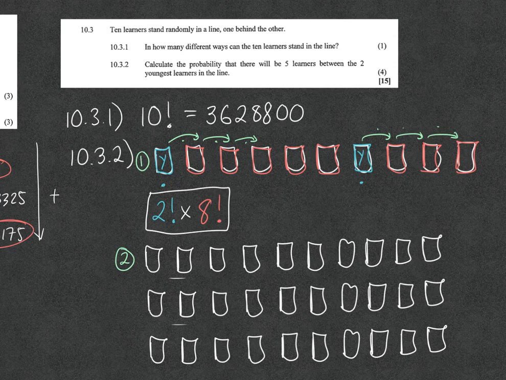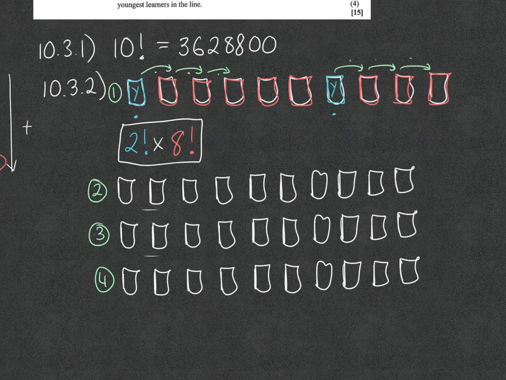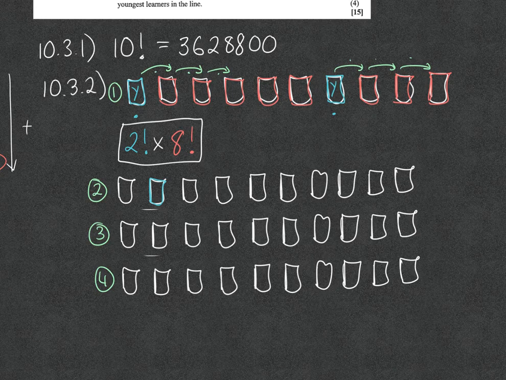This is scenario number 2, scenario number 3, and scenario number 4. So the youngest has now moved across. There's the youngest, and the youngest is now over here. Then the next one is the youngest is at 3, and the youngest is here. And the next one, youngest is at 4, and the youngest is last. And then these are your other people that can all be rearranged. So those are the different scenarios that we can have.